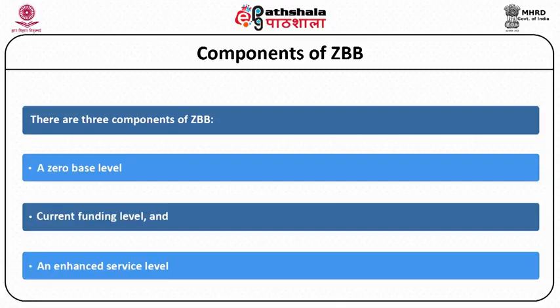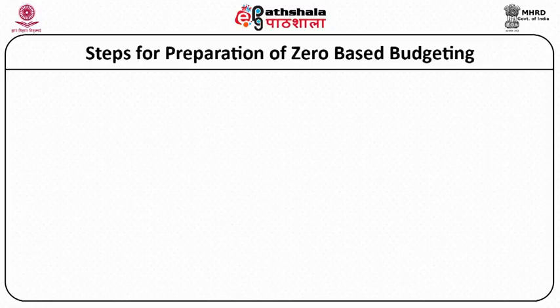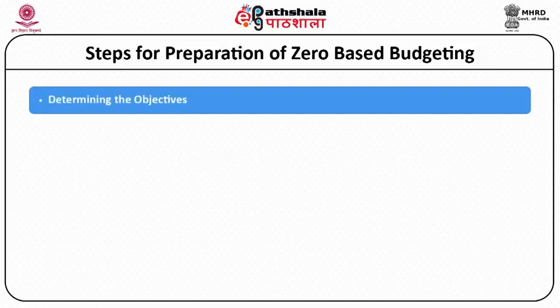Students, now we'll be talking about the steps involved in zero-based budgeting. Following are the steps which are involved in zero-based budgeting. The first step is we have to determine the objectives. Zero-based budgeting is to achieve the objectives of cost-benefit.